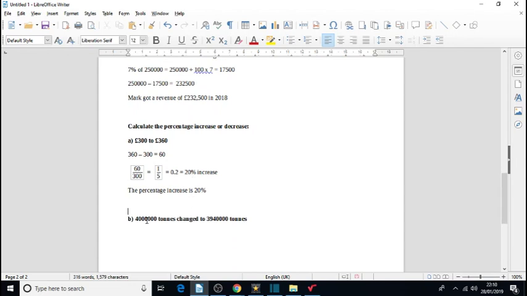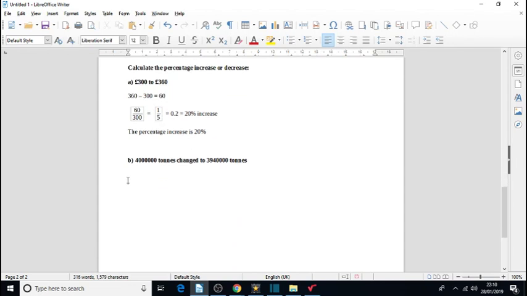Let's move on to the final question. 4 million tons changed to 3,940,000 tons. Here, because it's gone from 4 million down to 3,940,000 tons, this is a decrease.